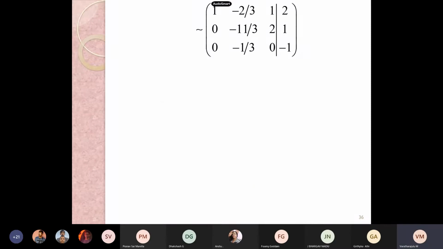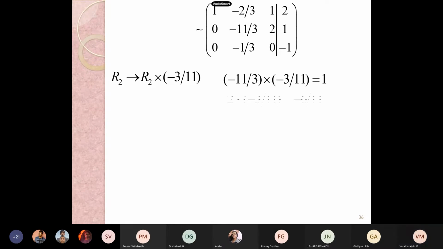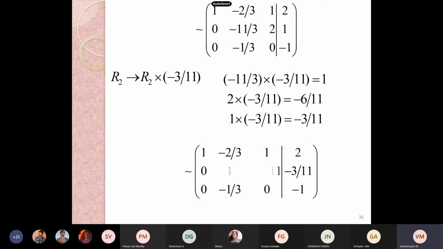Convert the new pivot into row 2, transfer row 2 into row 3, and make the new pivot into 1 by dividing by the same number, and the rest, the 2 becomes minus 6 by 11 and 1 becomes minus 3 by 11, and then change the rest of the terms into 0.